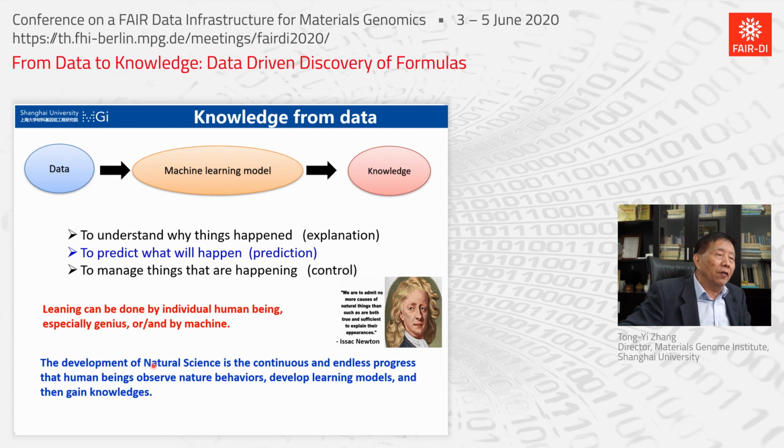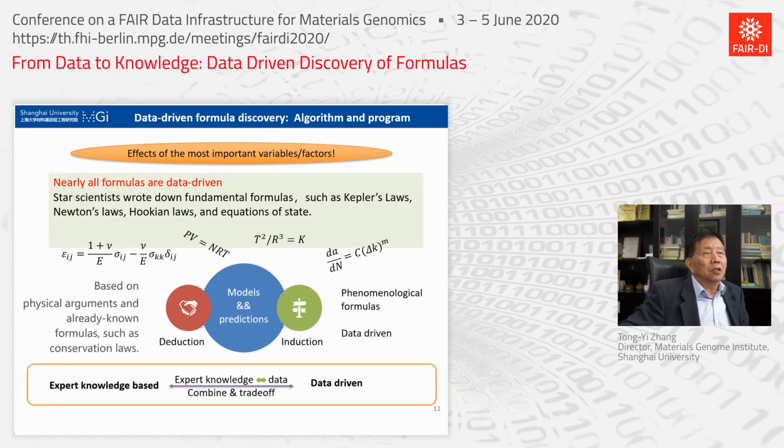In my personal view, the development of natural science is a continuous and endless progress in which human beings observe nature's behaviors, develop learning models, and then gain knowledge. Usually that knowledge is expressed by formulas.